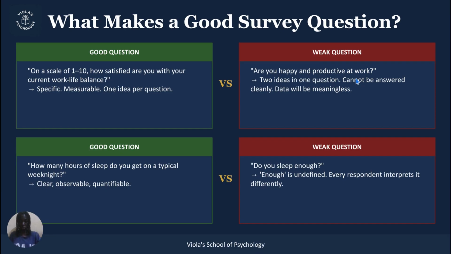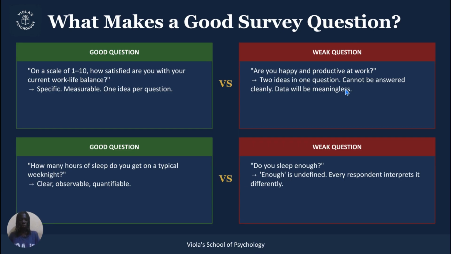And the person chooses no. No to what? Because the question has two ideas inside. It's talking about productivity, it's talking about happiness. It's not specific. Okay, so if they say no, what are they saying no to exactly? Right? Which one are they disagreeing with? Okay, so the data is even contaminated before it is collected.